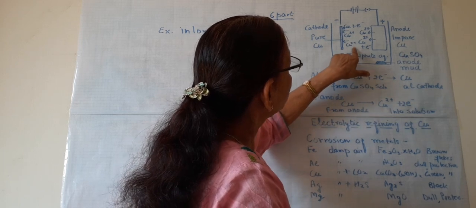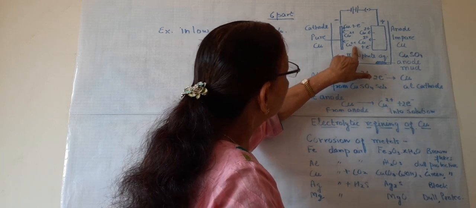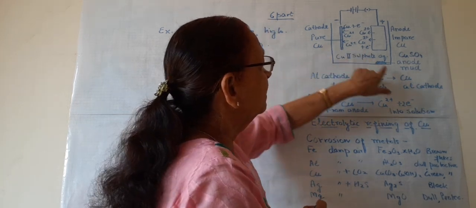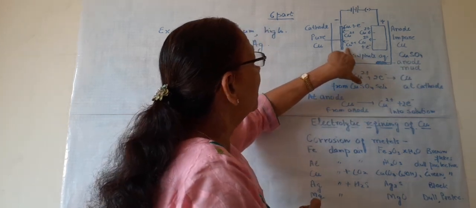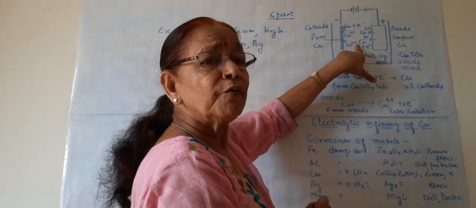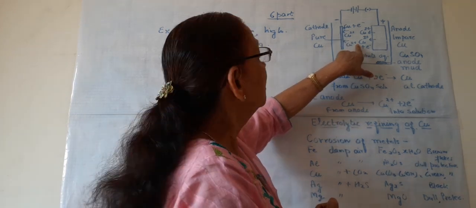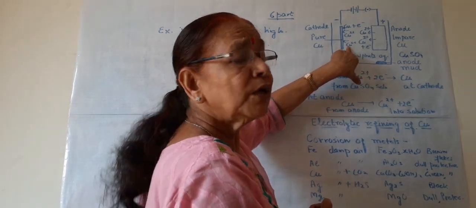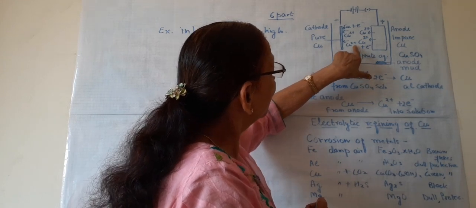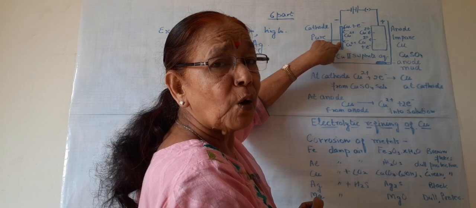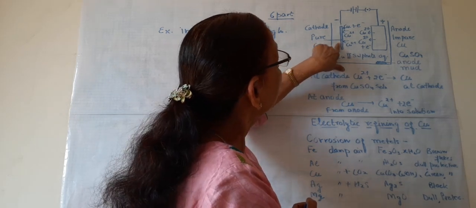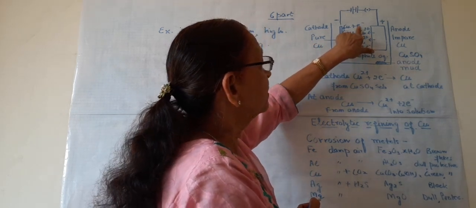So from the solution, these copper ions are formed, Cu2+. Why is it written as Cu2+? Because the valency of copper is 2. So these Cu2+ ions come to this thin copper plate along with 2 electrons.